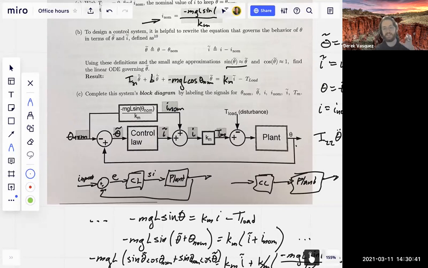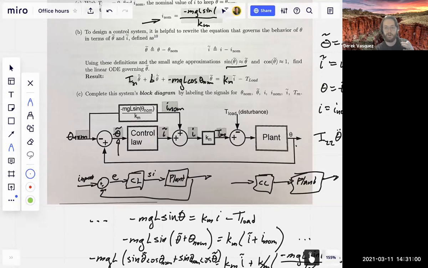But your control law is what takes your commanded signal that you can measure, that you understand, that you know, like I want this. So in our case, we want a certain theta nominal, and then we get an error.